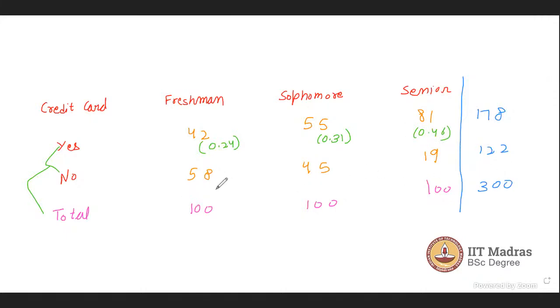Next is 58 over 122, 0.48. 45 divided by 122 is 0.37, and for the last one it's 0.16. And here it's all 0.33, right?